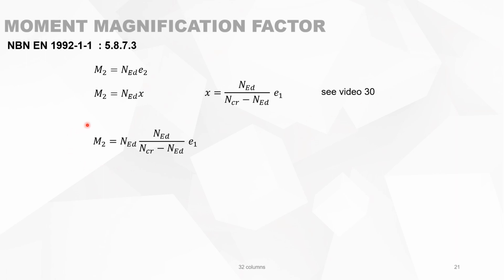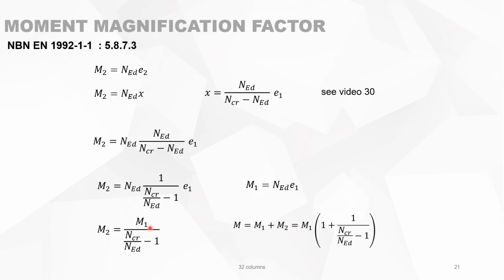And M2 is equal then, when we substitute, and you can rewrite this form like we've seen in video 30, and then it will have this expression. M1 is NEd times e1, and M2 is M1 divided by this. And then we will see that M equals M1 plus M2, and we can rewrite it in this form.